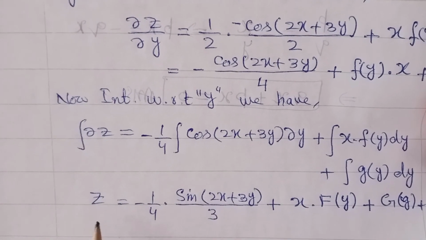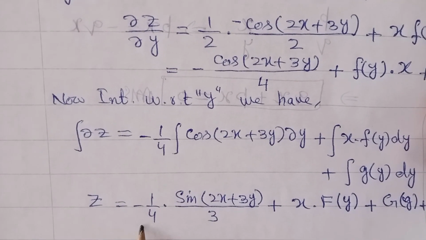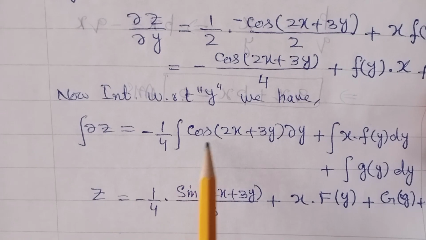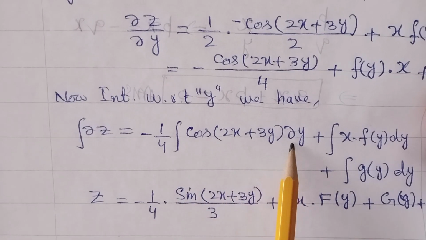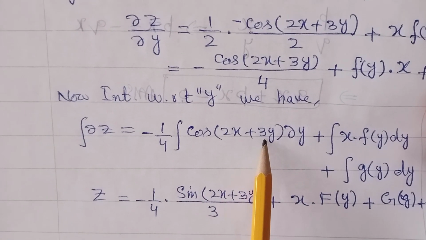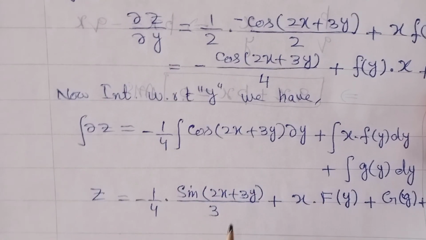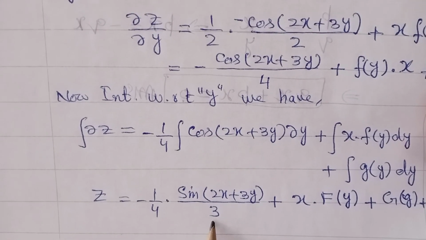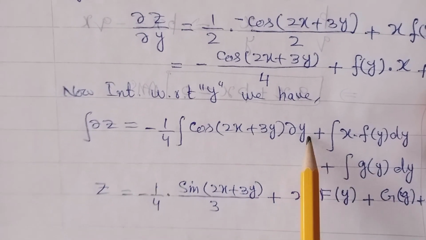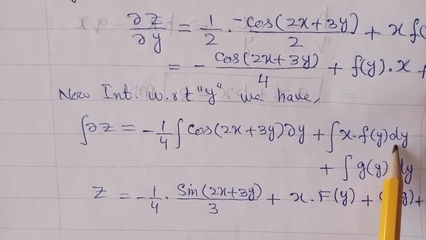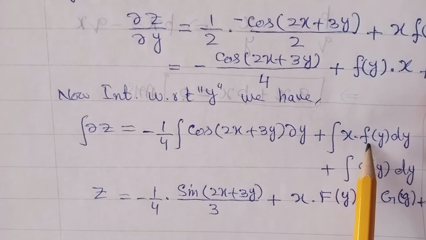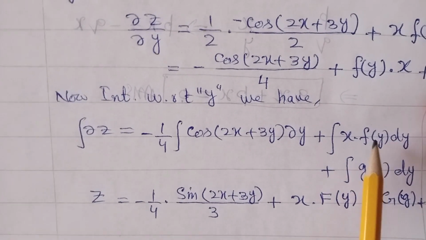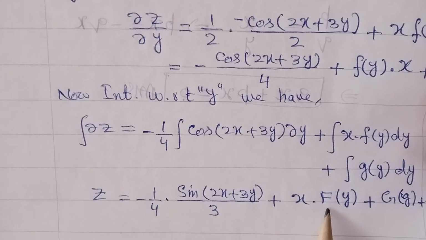Only we will have z equal to minus 1/4 times, the integral of cos is sine, sin(2x + 3y), and we are integrating with respect to y, so we must divide by 3 to balance the derivative. So plus x times, we are integrating again with respect to y, so x will be the constant here, and the integral of f will be the capital F. The integral of f would be the capital F, right?